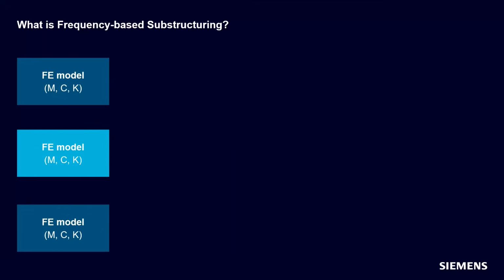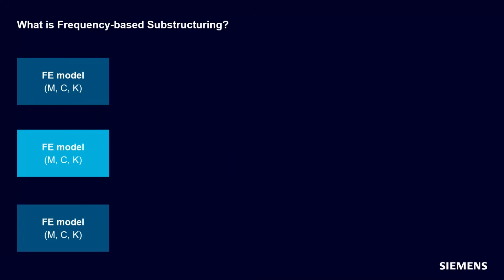This is not something that's necessarily new. It's been used particularly in the CAE or simulation parts of the world for a while. And it came about because if you think about a finite element model, in this case, I just have three different boxes, each representing a different component, so different structures.